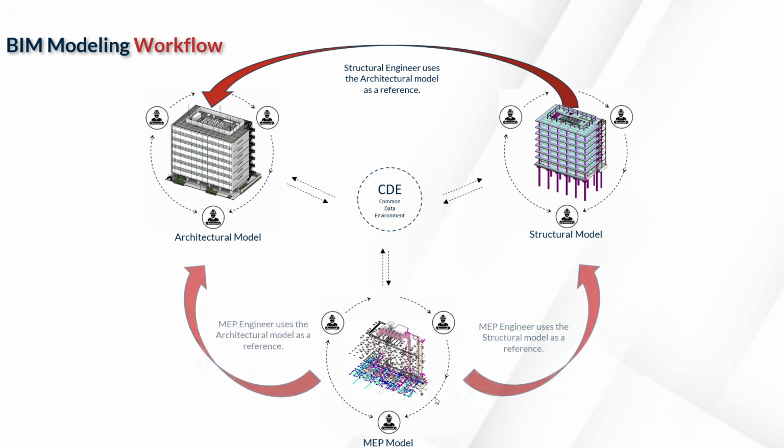Similarly, the MEP engineer in turn references both the architectural and structural models to design services that fit perfectly within the building layout. Through this process of linking and referencing models inside the common data environment, the actual model exchange and coordination between disciplines begins.